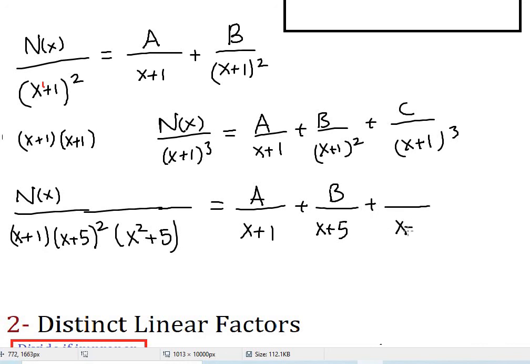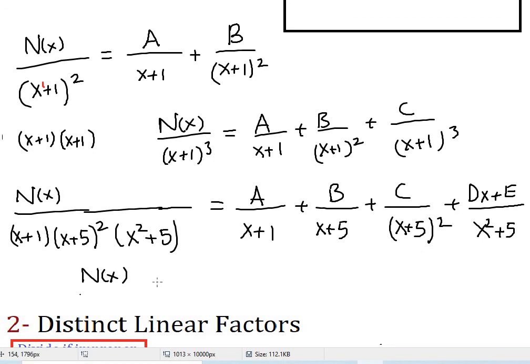For the second factor, x plus 5 squared, some constant c. This is a quadratic factor, so we have to use some linear numerator, and linear is some ax plus b, or here we used d x plus e.